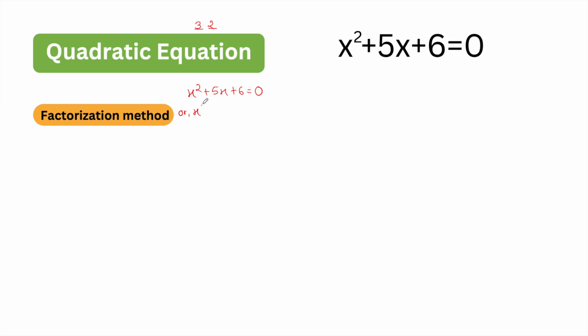Or x square plus 3x plus 2x plus 6 is equal to 0. Now taking common, let me solve it here.